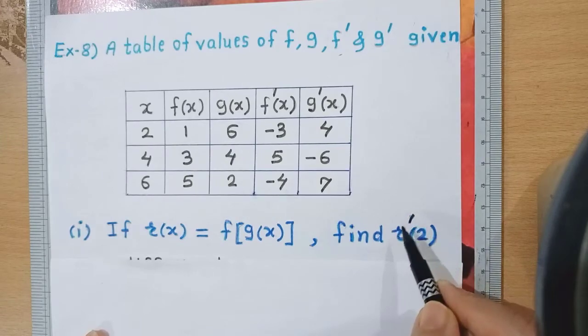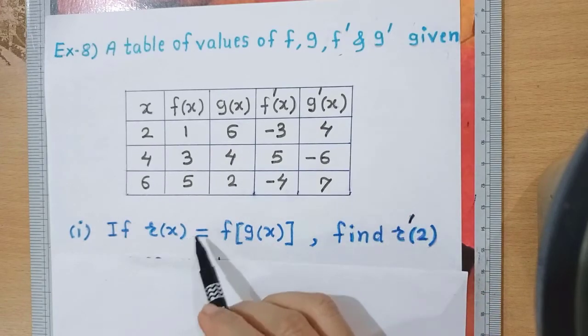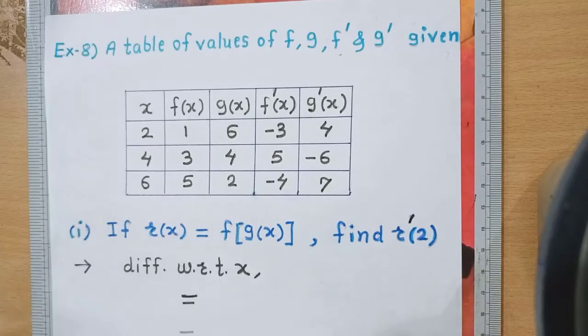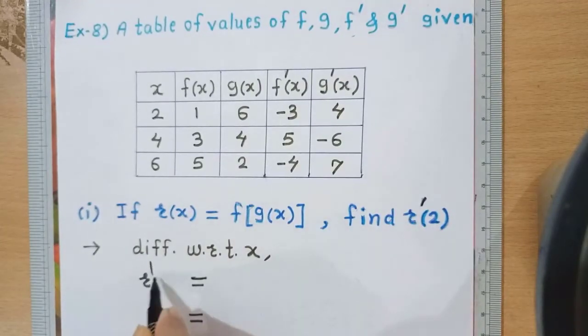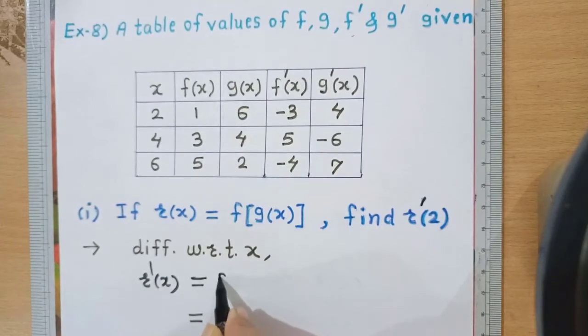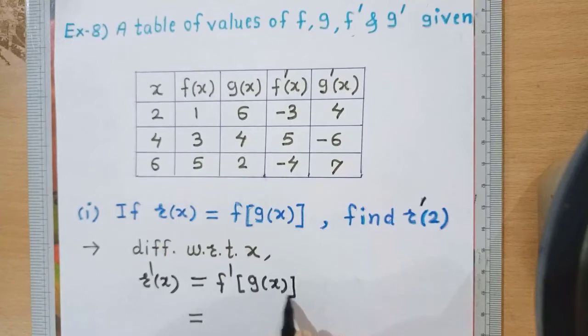Now r dash means derivative, so you have to differentiate this. So differentiating with respect to x, we have r dash of x equal to f dash of gx. This is function of function, so again derivative of this, so g dash of x.